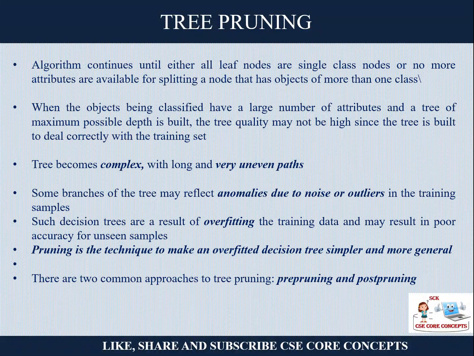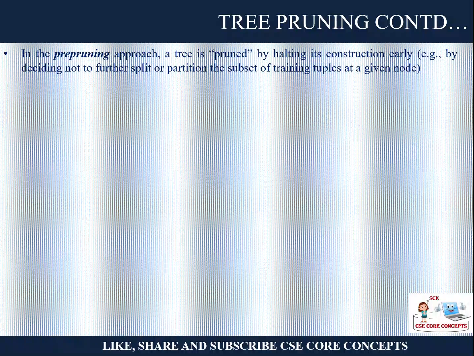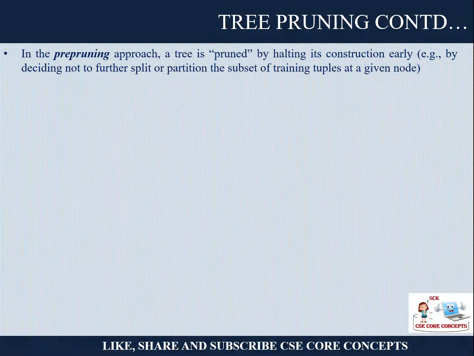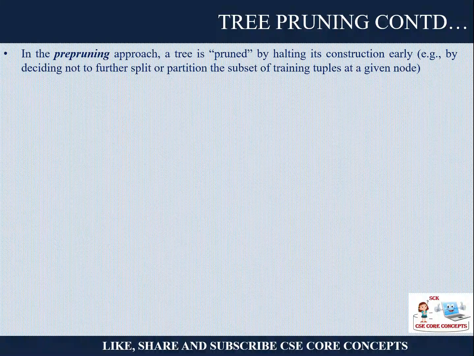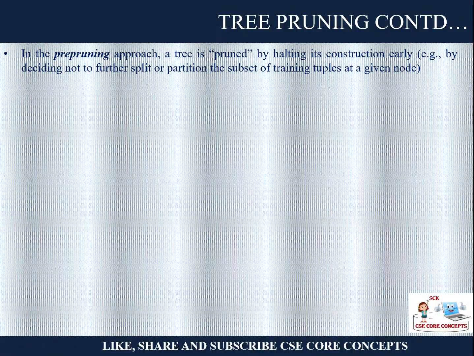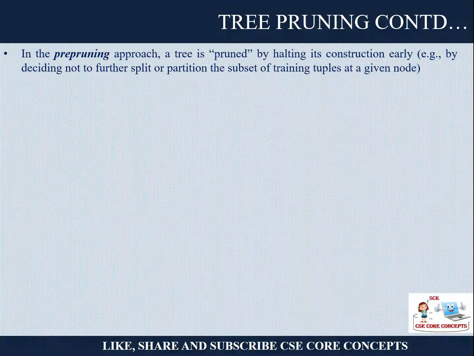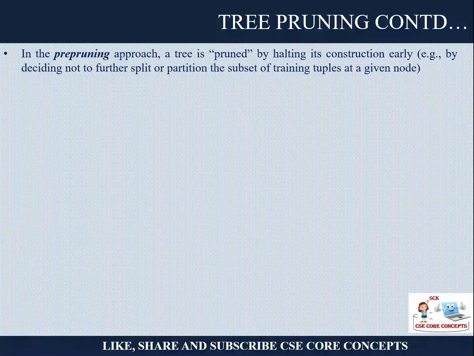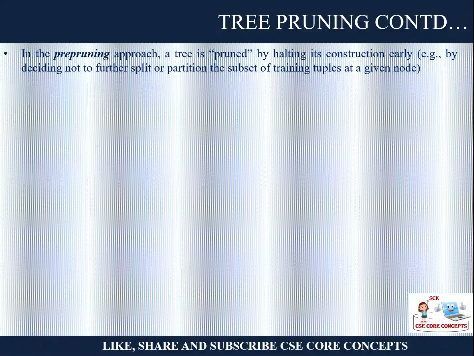Now you can have two types of pruning: one is pre-pruning and one is post-pruning. Pre-pruning means what? While you are creating the tree, you decide whether you want to split further or not. Post-pruning means what? After you have created the tree, you find out how you are going to cut the tree. So pre-pruning means deciding earlier.